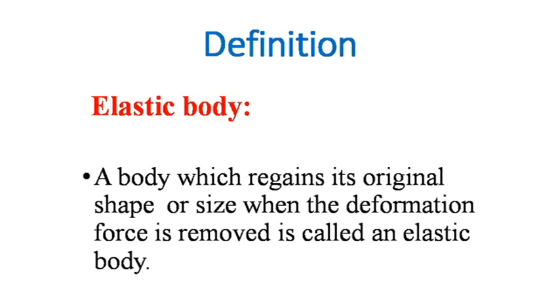Therefore, this body is an example of an elastic body, and the property is known as elasticity. So, a body which regains its original shape or size when the deforming force is removed is called an elastic body.